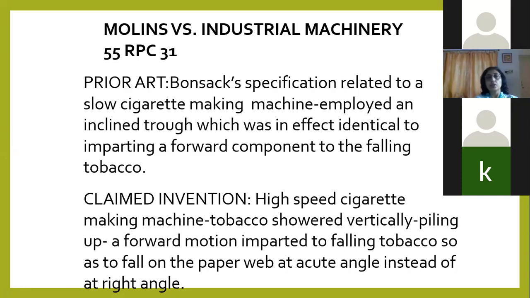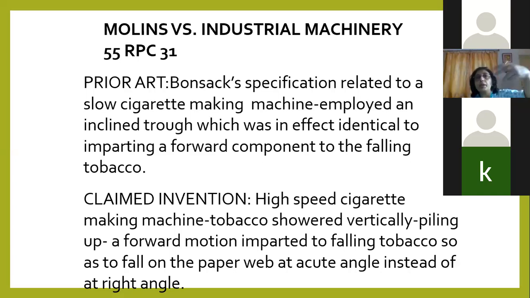To prevent vertical piling of the tobacco, they gave a forward motion to the nozzle from which the tobacco leaves were falling, so that they fell on a paper at some angle.